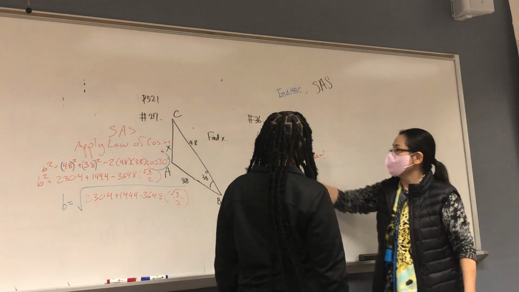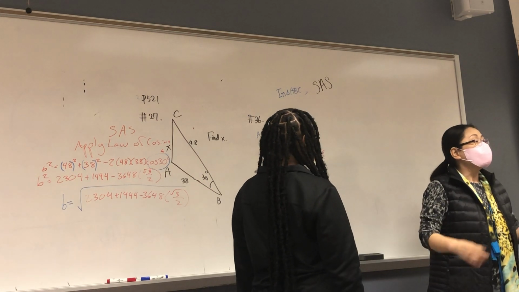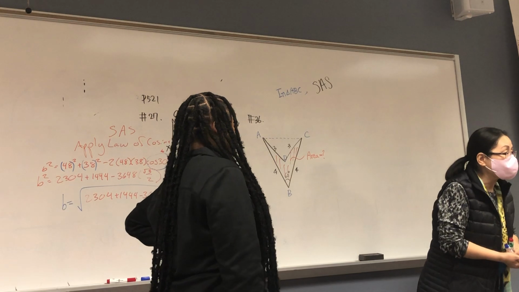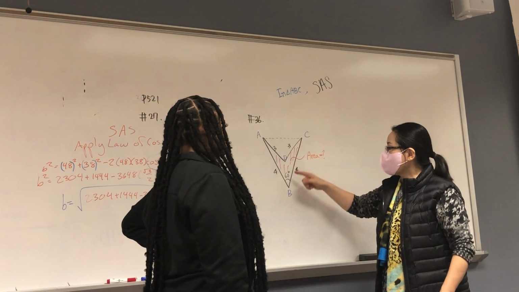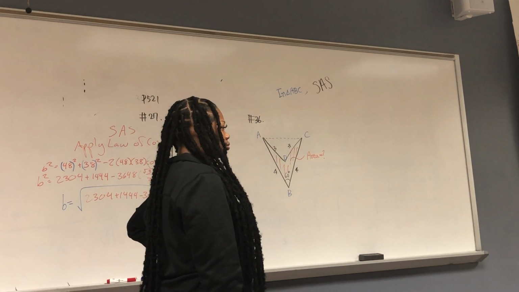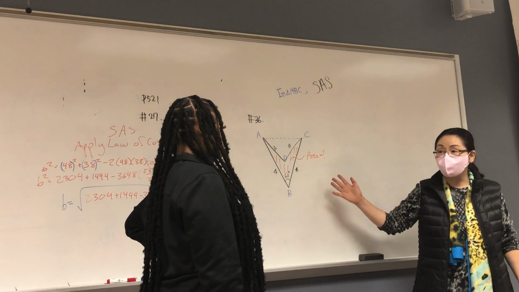Let me make a question. ABC, this is 4 and 4. Your name of the triangle is what? Equilateral triangle, yes? Okay, and another hint. Total sum of inside angles is what? 180, am I right? And what do you know? Because this one is equilateral, right?